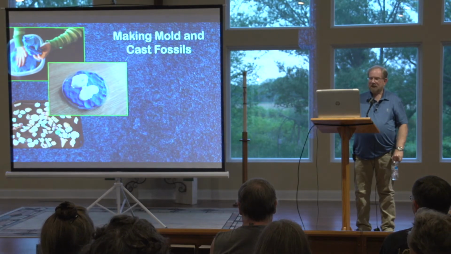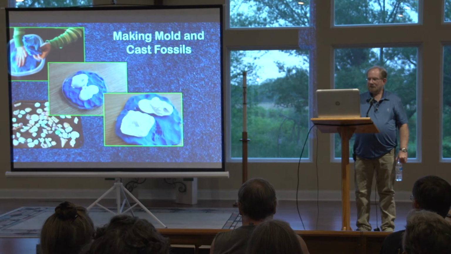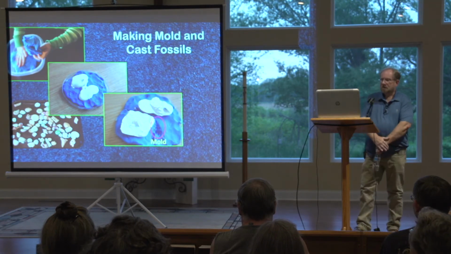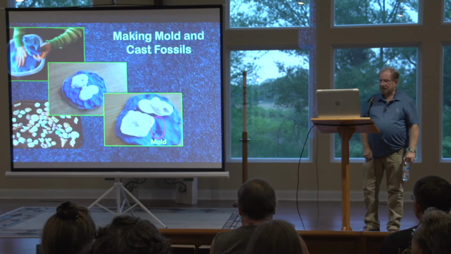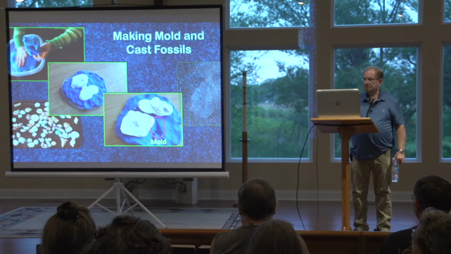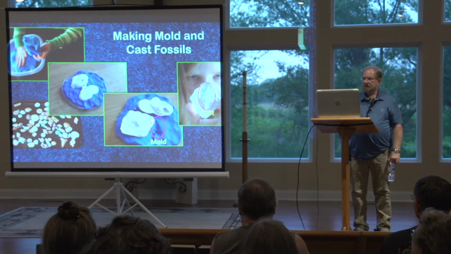They crush that in there, wait and pull them out. And then you can see there's the mold fossil. So if they see a fossil in life or on TV, that's a mold fossil. And if they see what the actual thing was shaped like, that's a cast fossil.